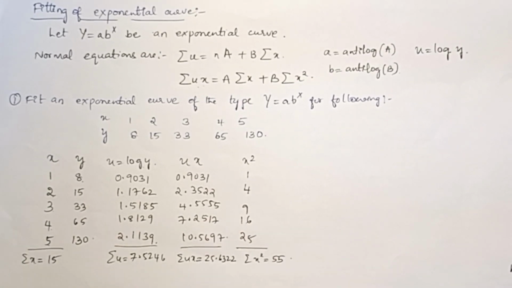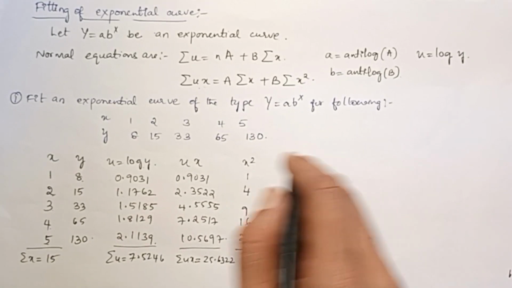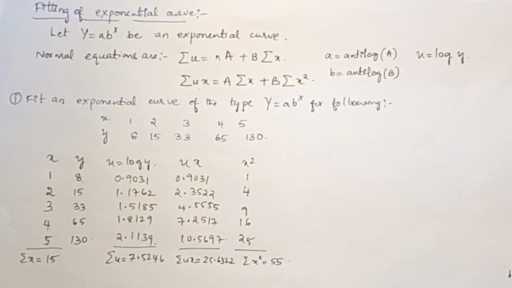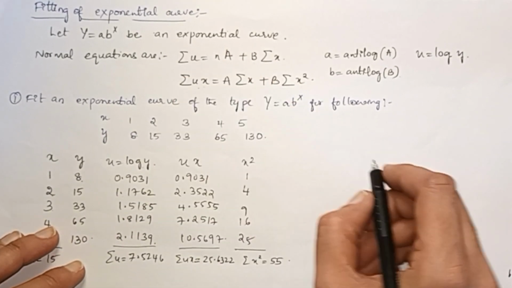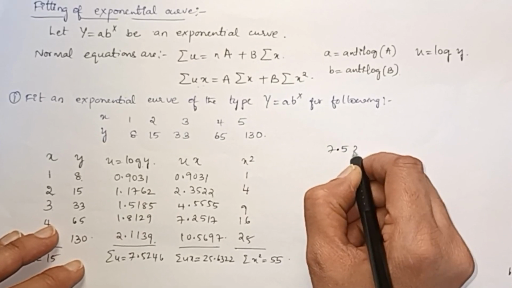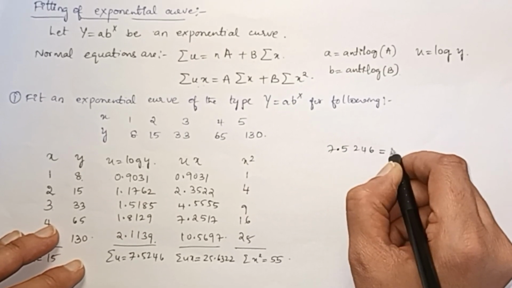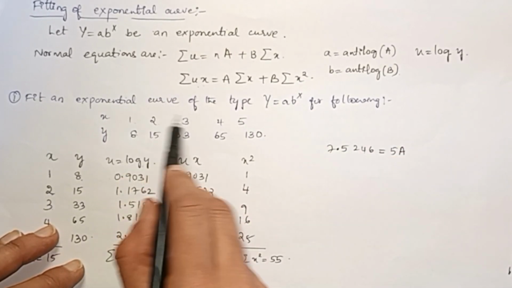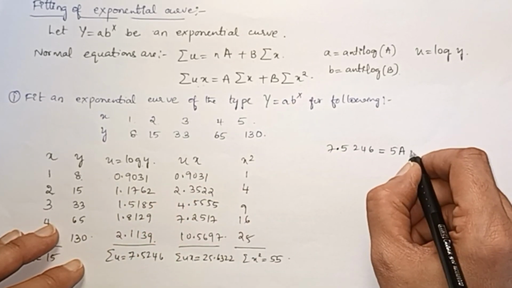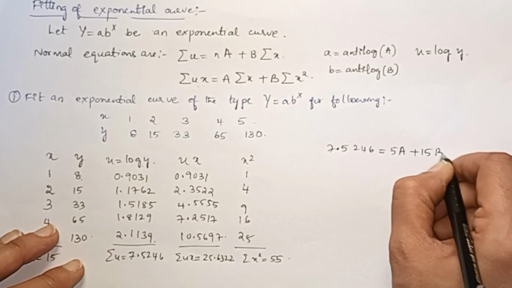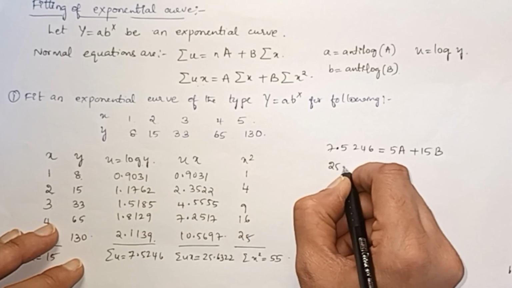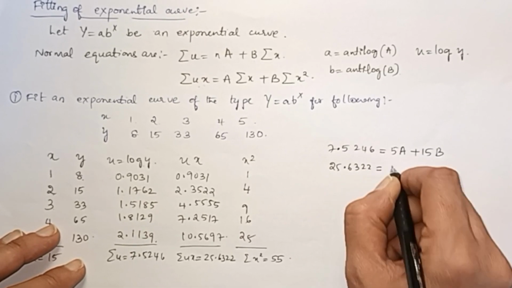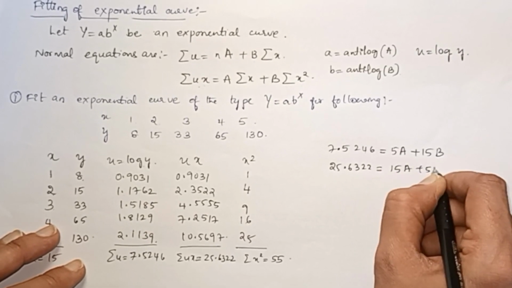So you will get here the first equation, 7.5246 equal to 5 into a. N is 5, 1, 2, 3, 4, 5 data points here. 5a plus 15b. Then 25.6322 equal to 15a plus 55b.